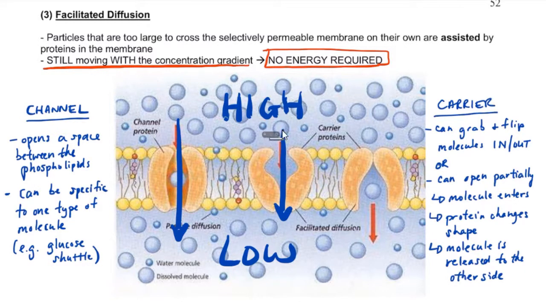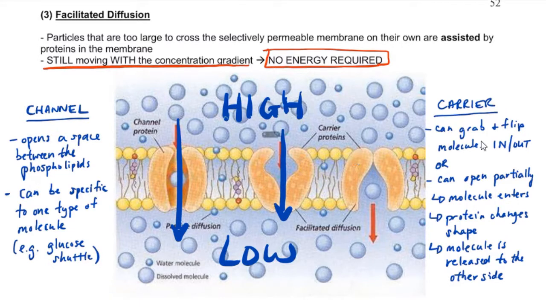So not every molecule will be able to trigger that change, which means that this carrier can be specific to certain types of molecules. You have to be the right molecule in order to mess with the protein, in order to change it so that you can get through. In other cases, the carrier can actually have the molecule attached to it, and then that changes the shape, and it literally grabs it and flips, and it throws it into the inside. And then in order to be rebooted, you have to have another molecule come the other direction so it can throw it out, and so on and so forth.